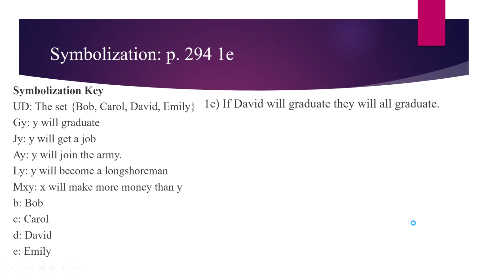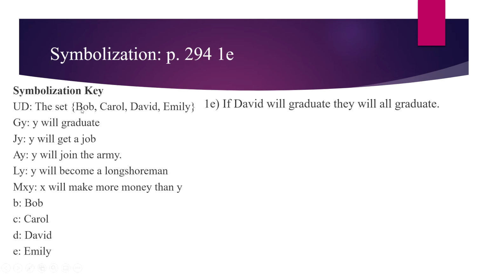The last symbolization problem we have is if David will graduate, they will all graduate. So we know we're going to have an if-then as our main connective, and we have to ask how can we say they will all graduate using this symbolization key, right? We don't have quantifiers yet. Quantifiers will make they will all graduate really easy.